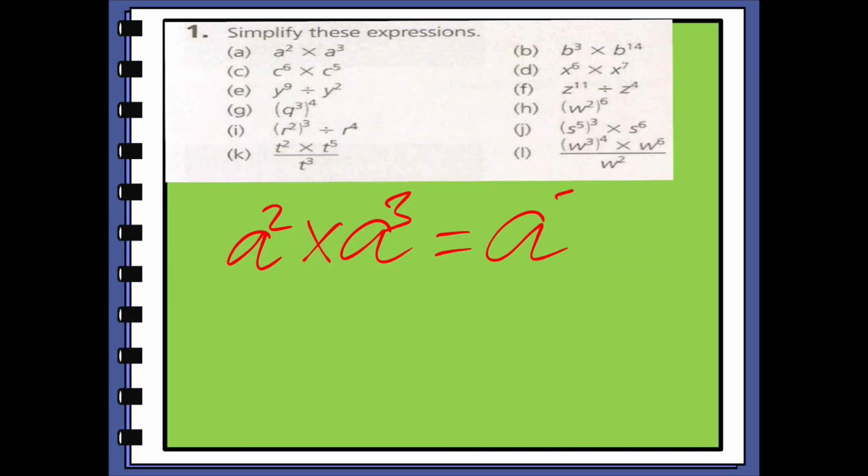So 2 plus 3 is equals to 5, which is the same as the answer that we had found earlier on. And so in this case, all those like b is about multiplication, you just add the powers. C and D should be easy for you to do now.